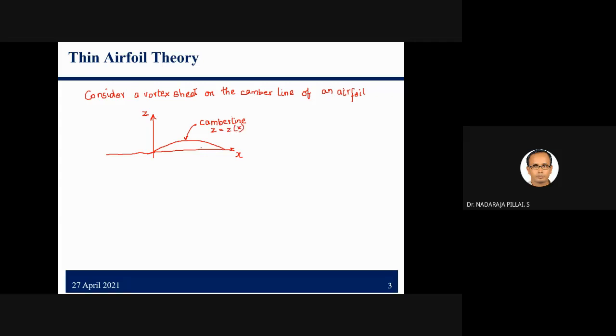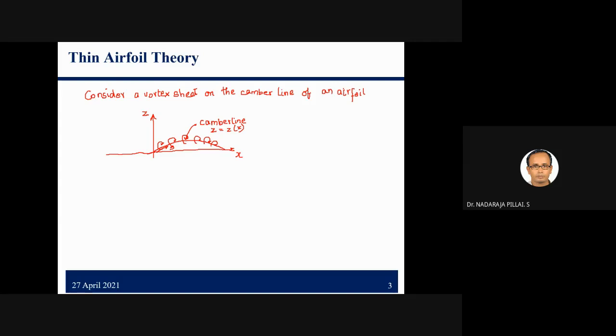So I want to have a vortex sheet on the camber line. Okay, and we can say that this is S, and the elemental distance is ds, that you already know.